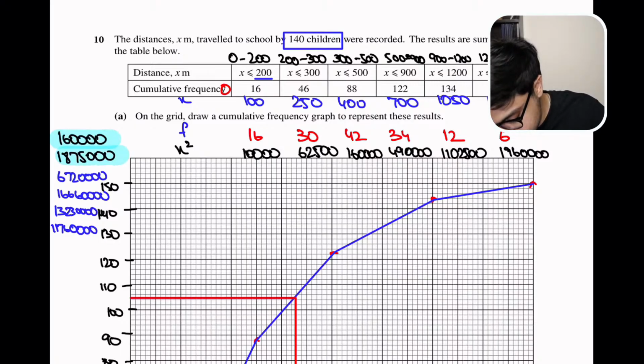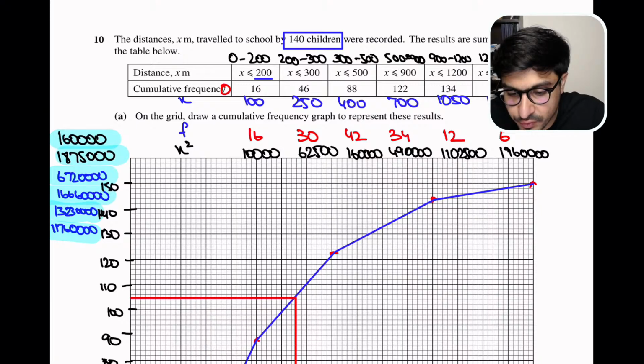So number 1, number 2, number 3, number 4, number 5, number 6, we are going to add all of these. So 160,000, then 1,875,000, then 672 and 4 zeros, then 1666 and 4 zeros, then 1323 and 4 zeros, and then 1176 and 4 zeros.